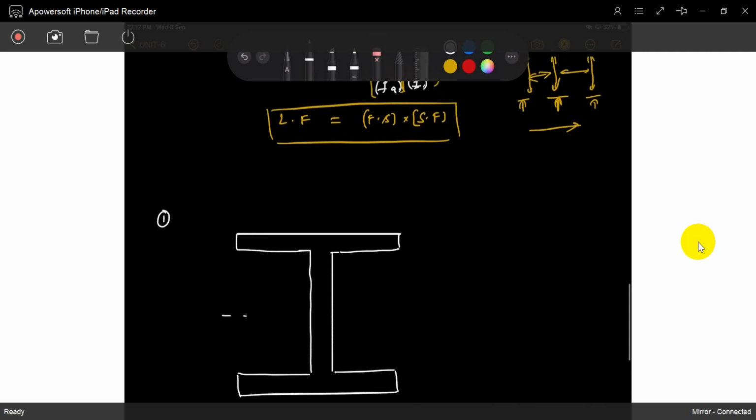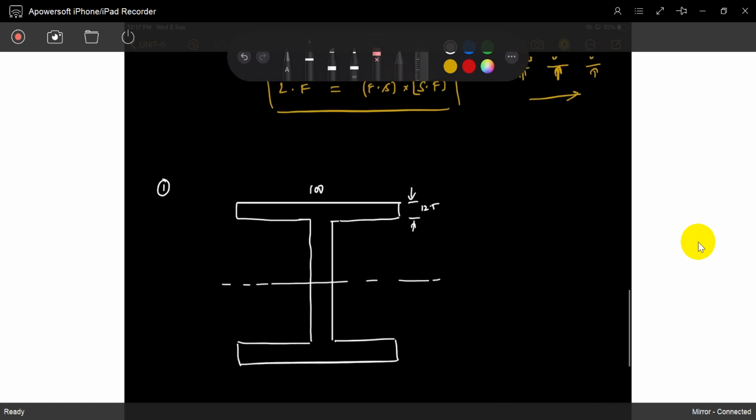If it is an I section, a symmetrical I section, the size is 100, 12.5, and the height is 150 mm.